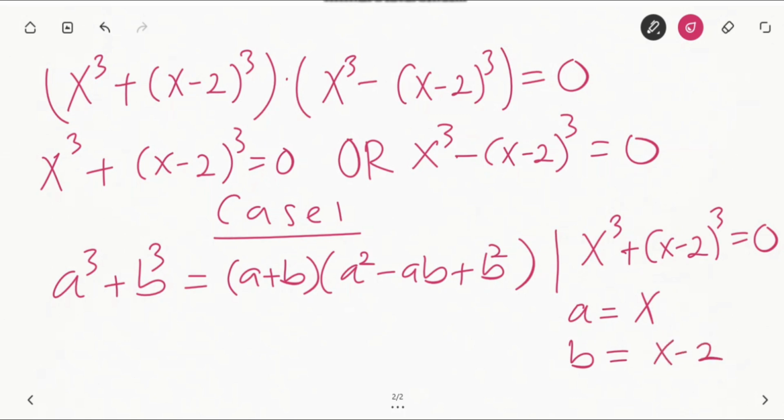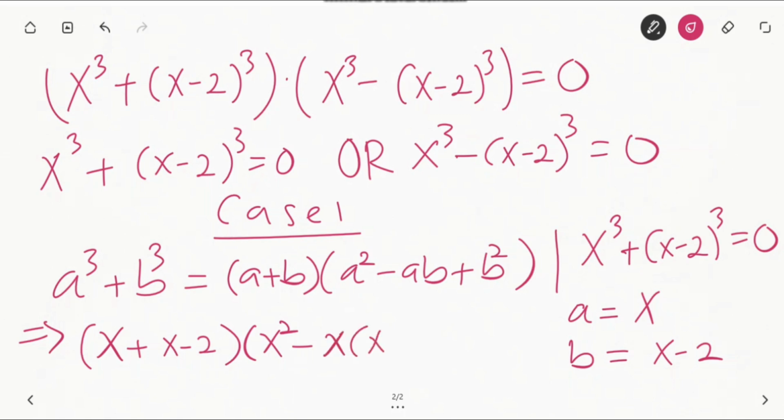When we substitute, we have x plus x minus 2, multiplied by x squared, minus x times (x minus 2), plus (x minus 2) to the power of 2 equals 0.